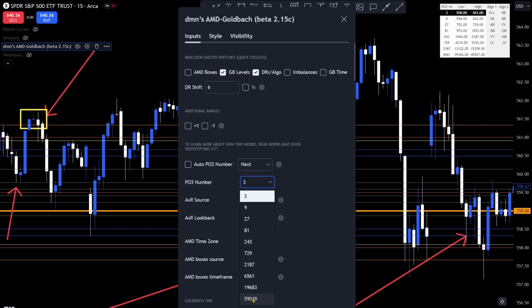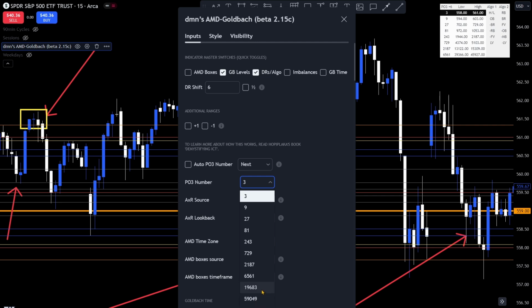So again, look at how many numbers the algorithm references at once. 3, 9, 27. The math is all the same. 3 times 3 is 9, 9 times 3 is 27, 27 times 3 is 81, 81 times 3 is 243, 243 to 729, and so on and so forth, right? And you can even see 177,000.